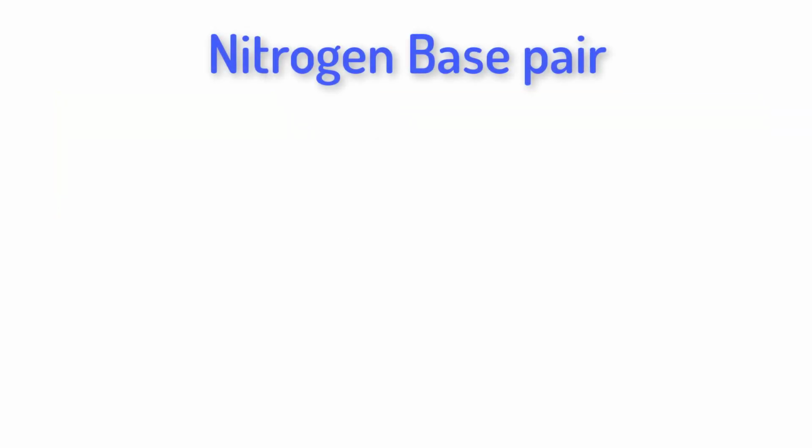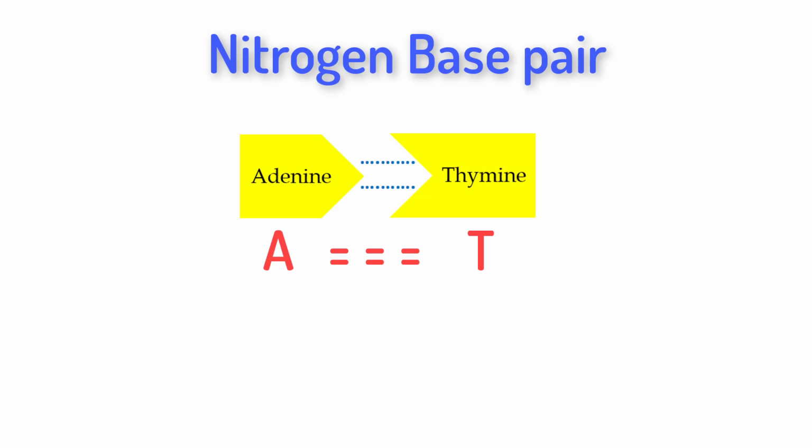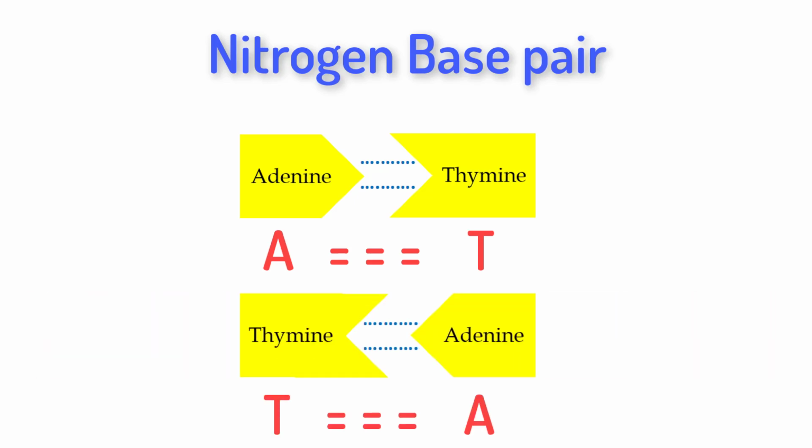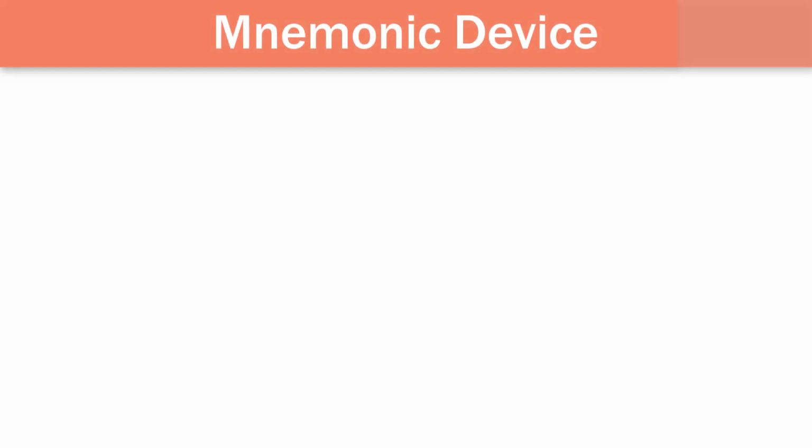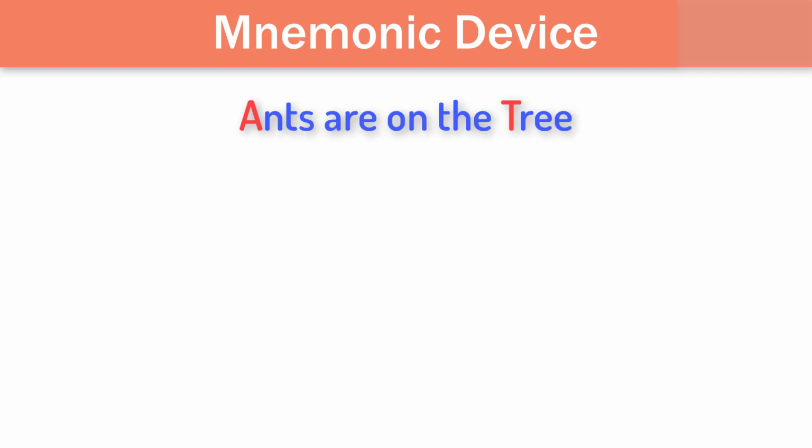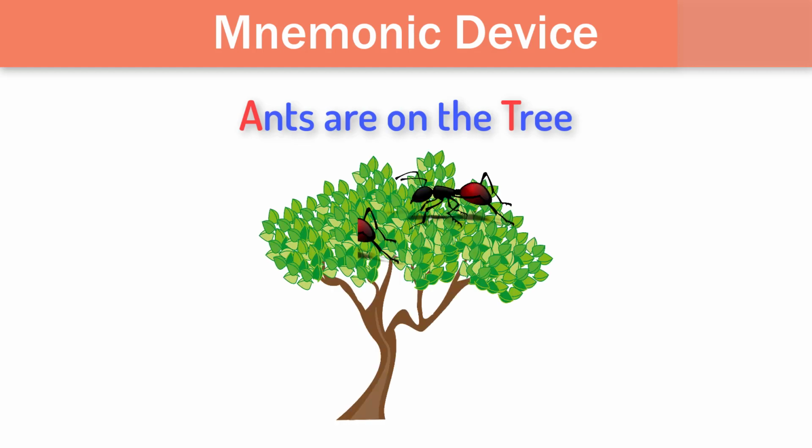So I'll present nitrogen base pair as A double bond T. Can we also write T double bond A as well? Yes, we can. The mnemonic device to remember A binds to T is ants are on the tree. So A binds to T.